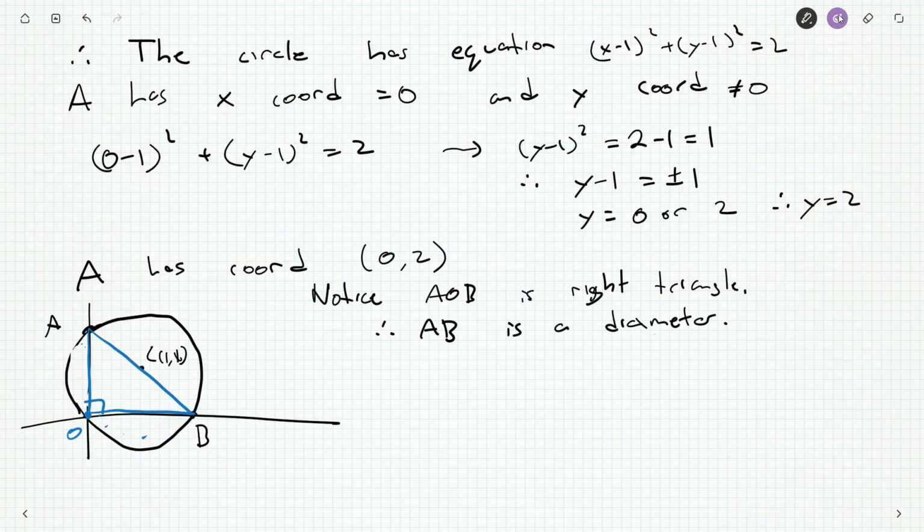So what does that tell me? Well, if it's a diameter, then this purple area here is half of the circle. And then we have this blue area, which is the area of a 2 by 2 triangle.